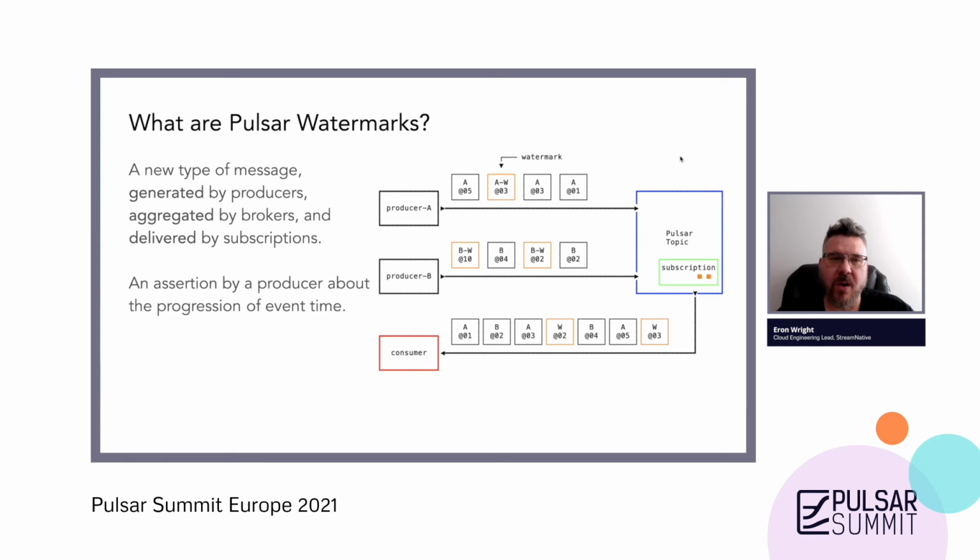A Pulsar watermark is an assertion that's made by the producer about the progression of event time. Each producer makes their own assertions about the advancement of event time with respect to the events that they produced.